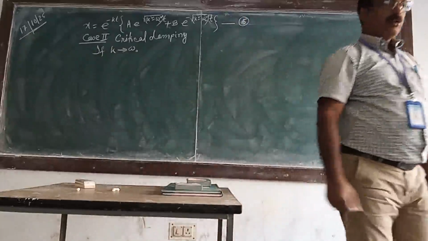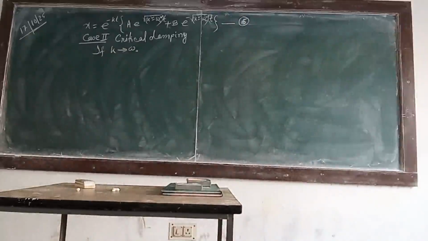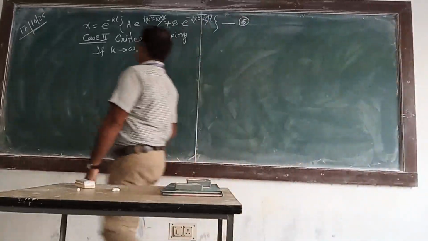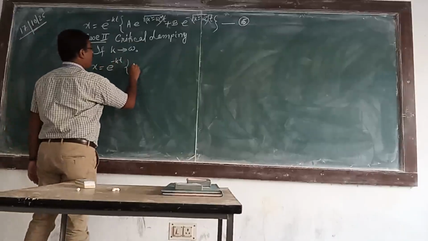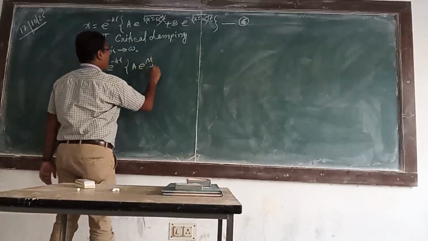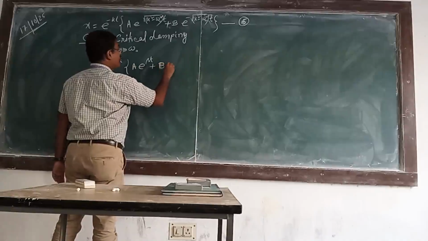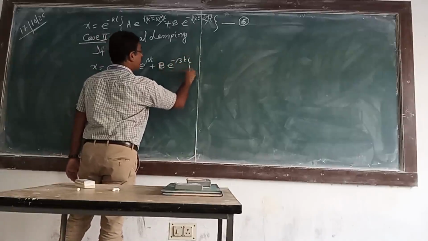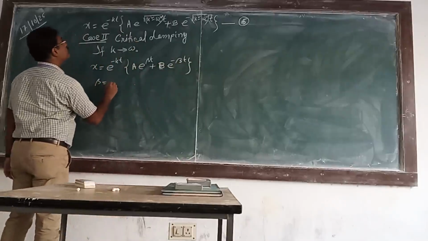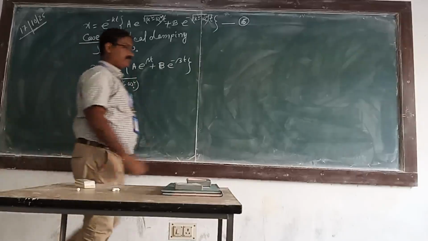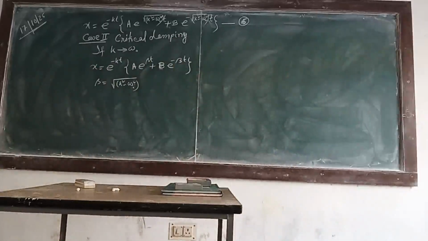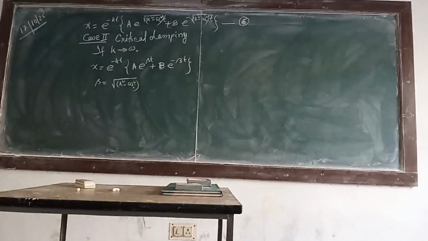So if k tends to omega naught, then equation 5 becomes x equals e to the power minus kt into (a e to the power beta t plus b e to the power minus beta t), where beta equals root over k square minus omega naught square.